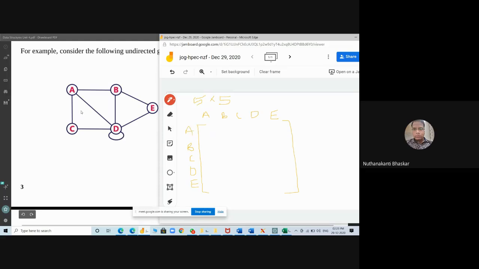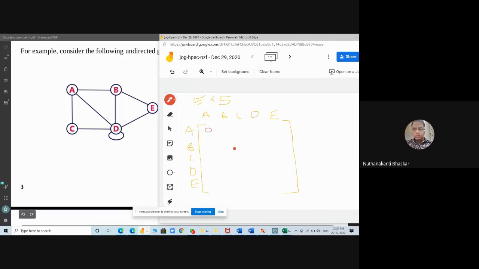Now tell me. From row A to column A, is there any edge, meaning adjacency, from A to A? No. If it is no, what should we write here? 0. Very good.